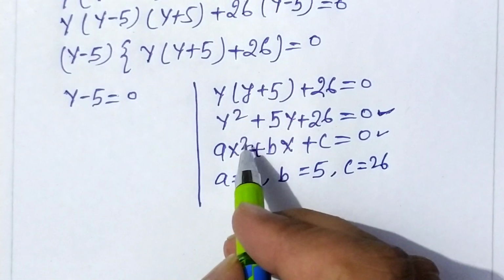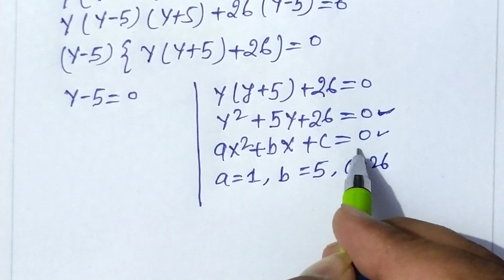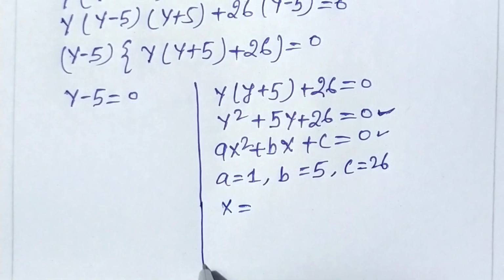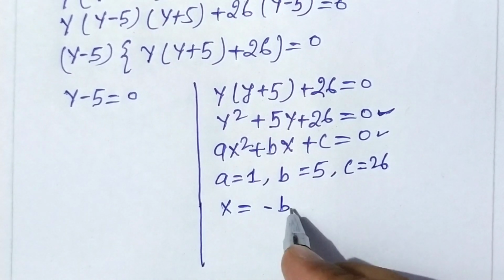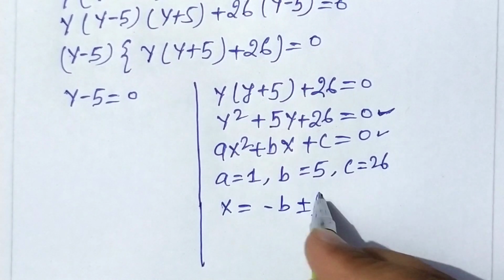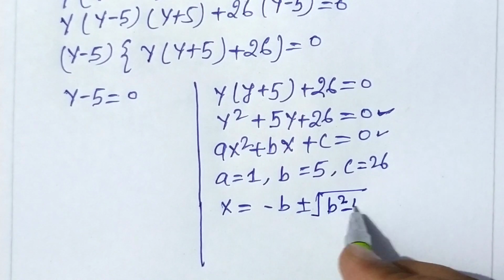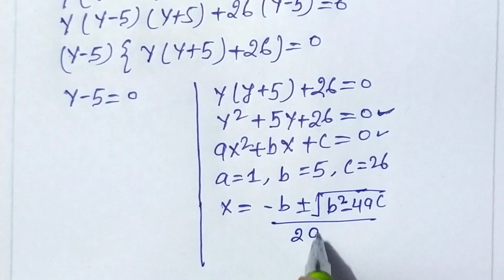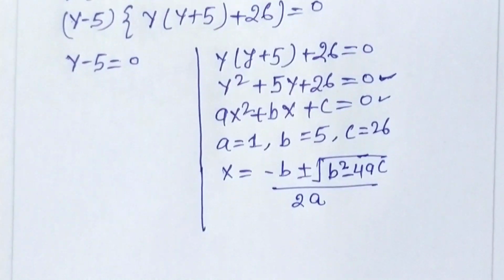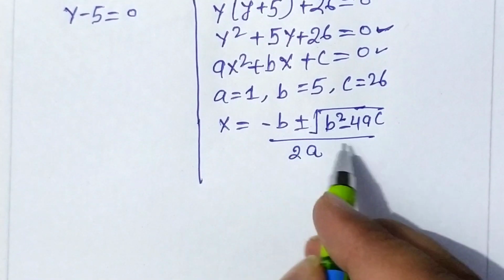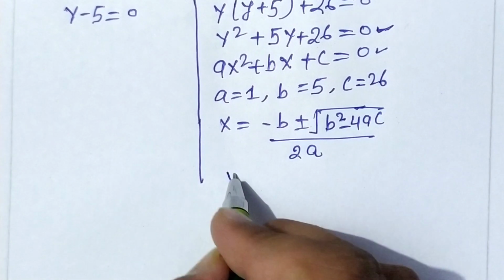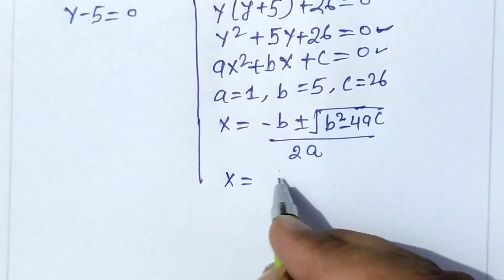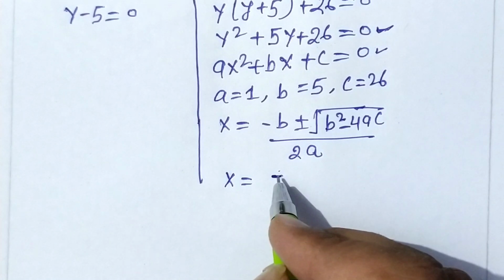We know that in the quadratic equation ax square plus bx plus c is equal to 0, x is equal to minus b plus minus square root of b square minus 4ac, upon 2a. Put the values of a, b, c.